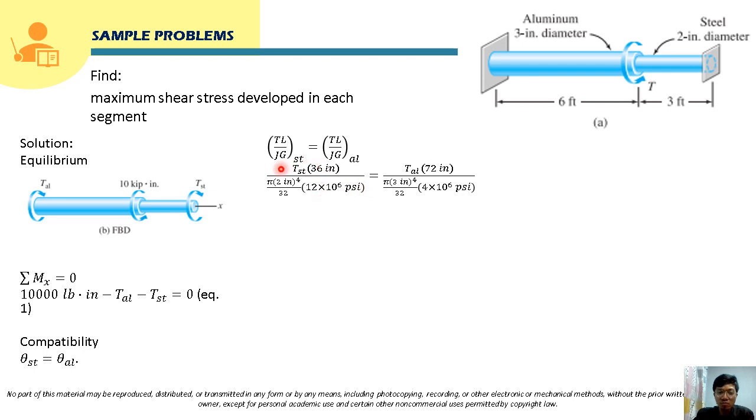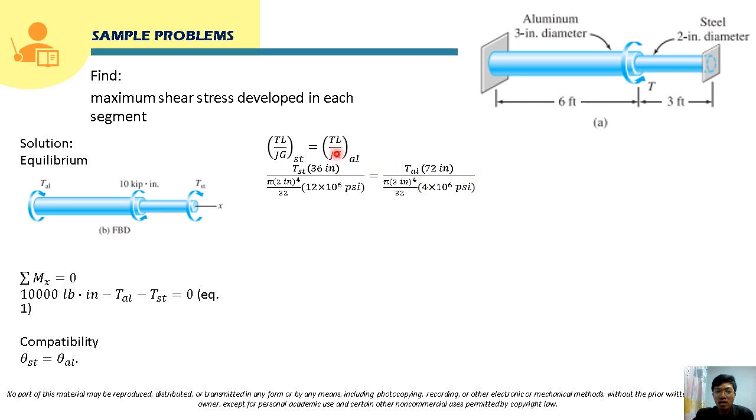We have to be consistent with our units. So this is psi, so the length should be in inches, and the torque here will be in pound-inch. Same here with the aluminum. The length of the aluminum, class, is 6 feet, so times 12, that will be 72 to convert it to inches.